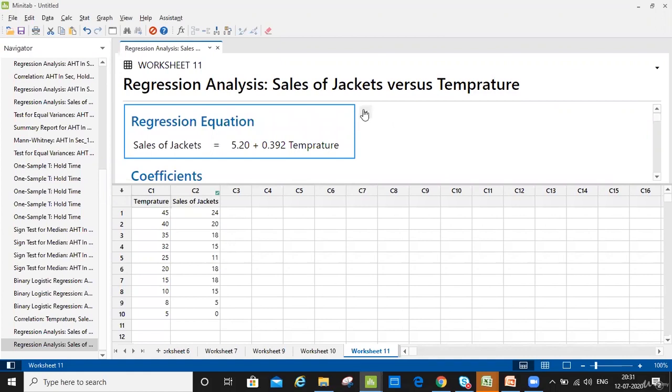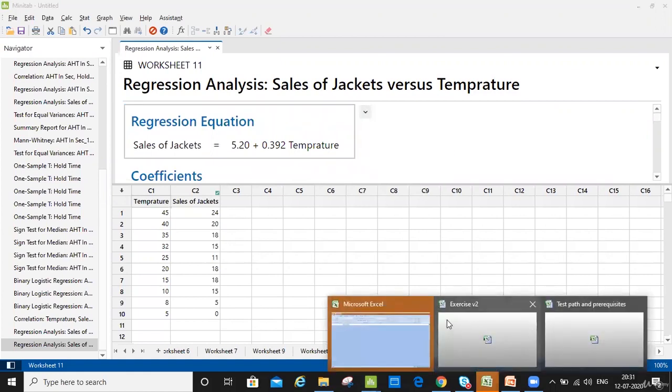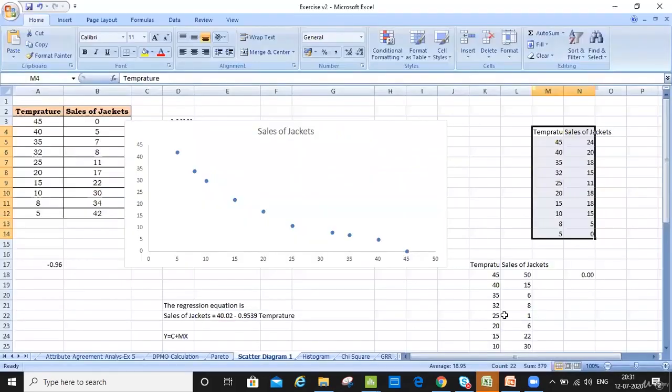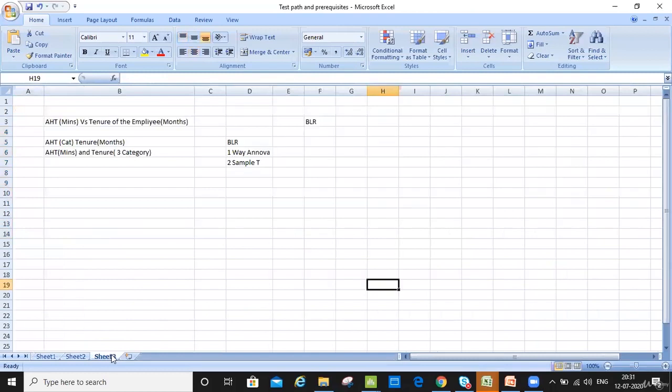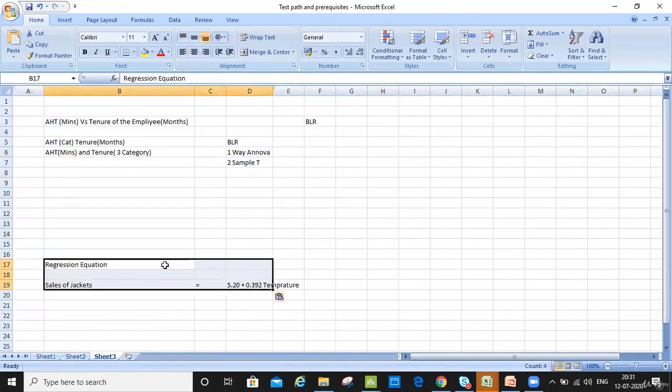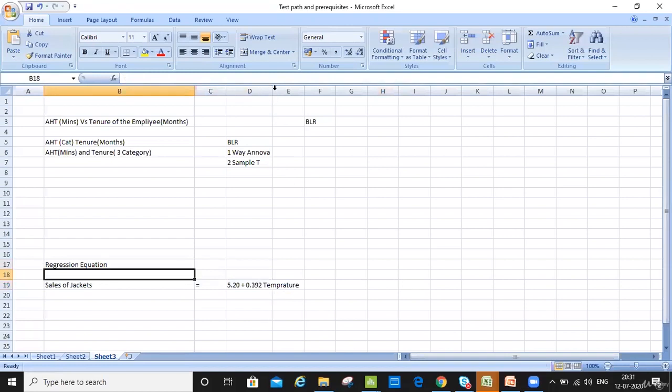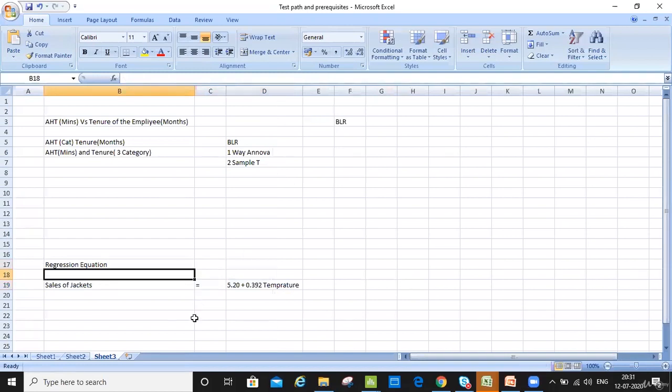So I have this equation. I click, I copy. Let's try to solve this. Okay. So this equation. What is my C here? 5.20. Okay.